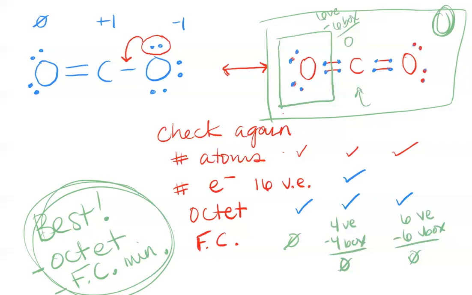And so as you get more experience, you can make that decision which is better or best, but you have to justify whether you're following the octet rule or the formal charge rule if you have to pick. But your best structure is going to have both of those satisfied. So hopefully that helps walk you through how to draw a good Lewis structure.